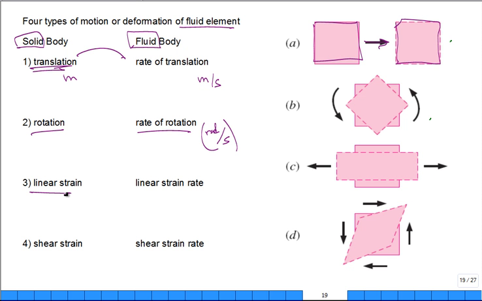Okay? So linear strain rate. And then shearing, and then shear strain rate. So these are the four basic types of fluid deformation that you encounter. Make sense? We don't do a whole lot with this. We just expose it to you.